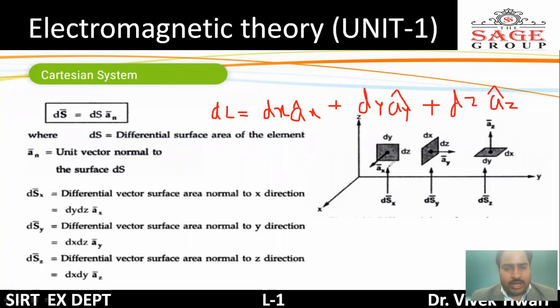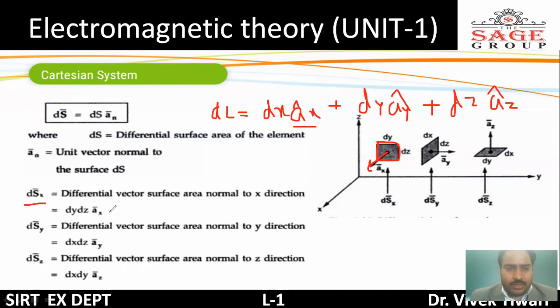Here it is also important that every surface has its direction. Suppose here is a surface; its direction will be perpendicular to this surface. It is a very important concept that the direction of any surface is always perpendicular to it. So if we have to find a surface in the direction of x, we represent it by dsx.